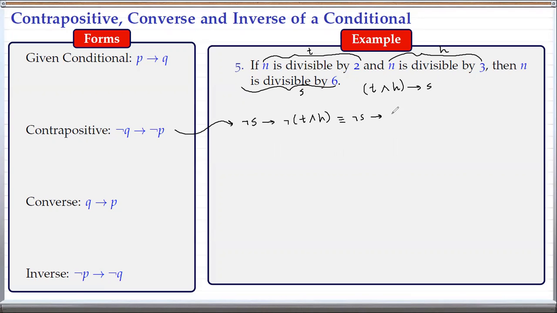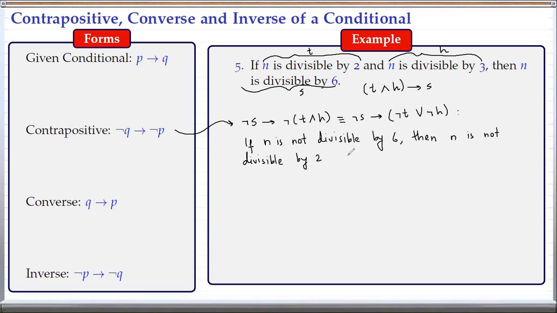This will become not S implies not T or not H. So this we can write as if N is not divisible by 6, then we have not T or not H. Then N is not divisible by 2, or not H, so N is not divisible by 3. This is the contrapositive of the given statement.